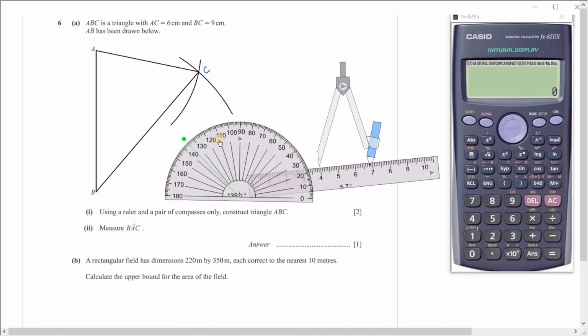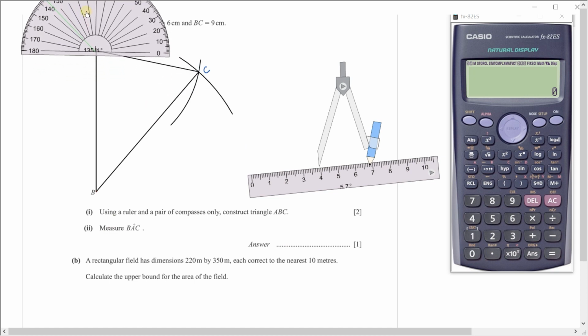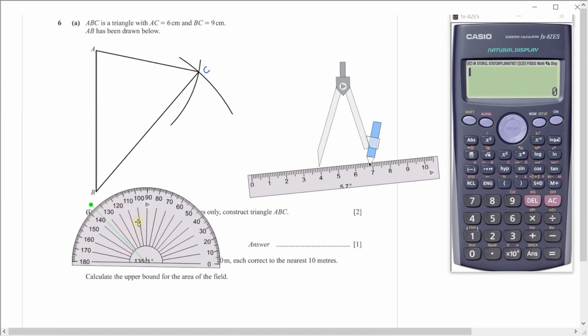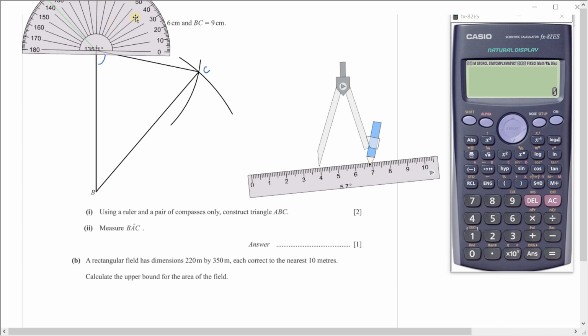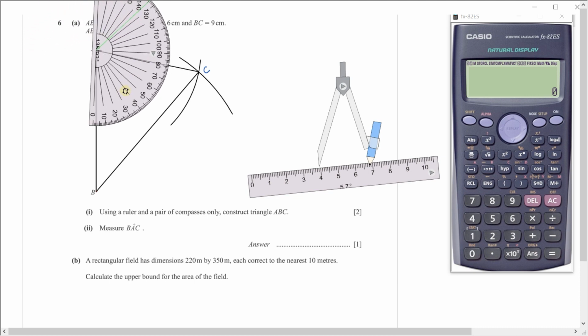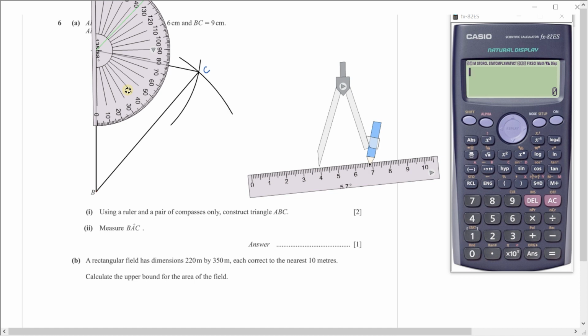So now I will use my protractor here and center it at this point. So this is the angle BAC that we need to measure. So I will center it at point A, and then my 0 degrees will begin from here.